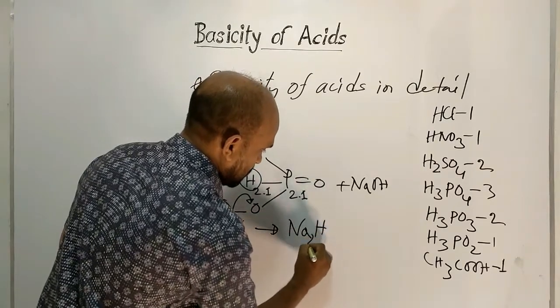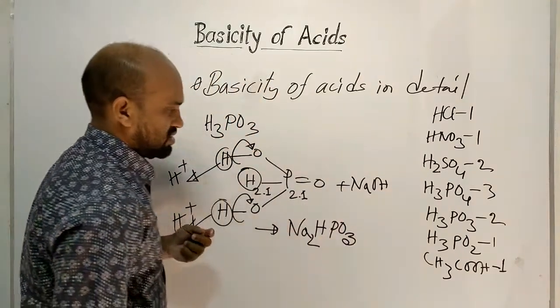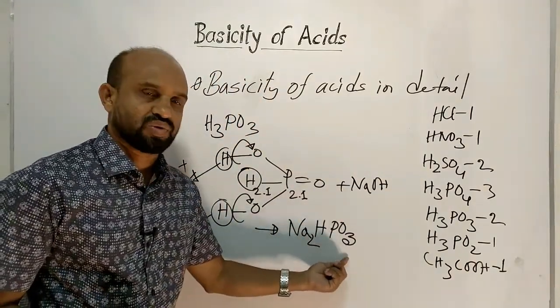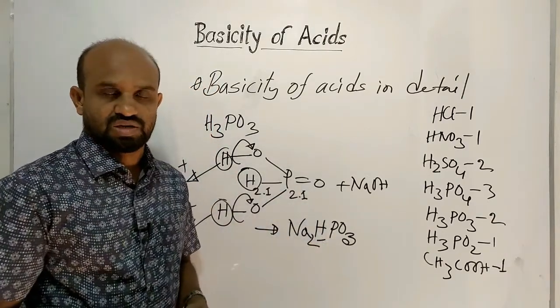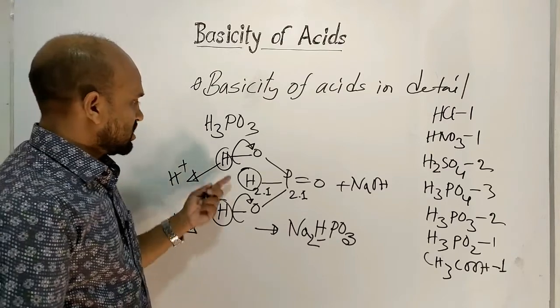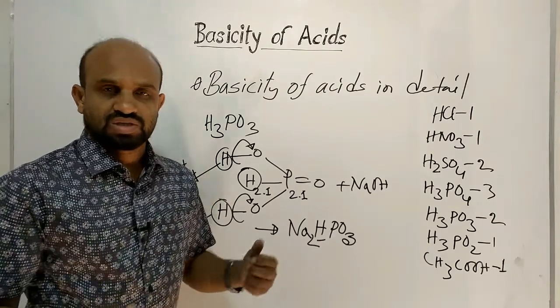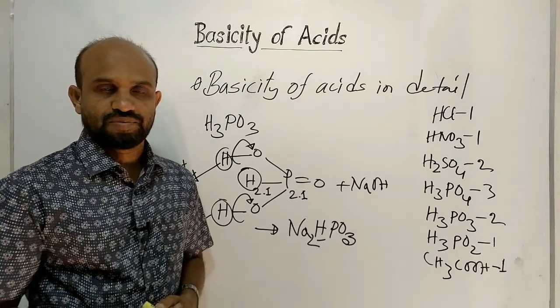Disodium monohydrogen phosphite. This hydrogen atom is not replaced by the base. That is why its basicity is 2, not 3, though it has 3 hydrogen atoms.